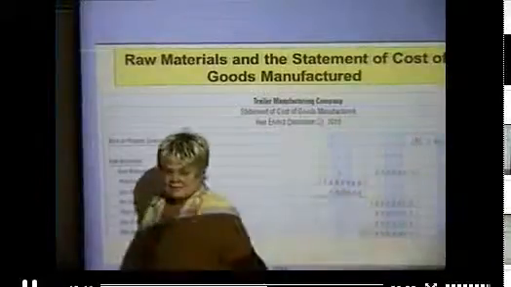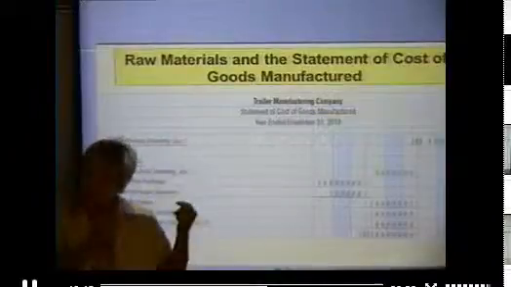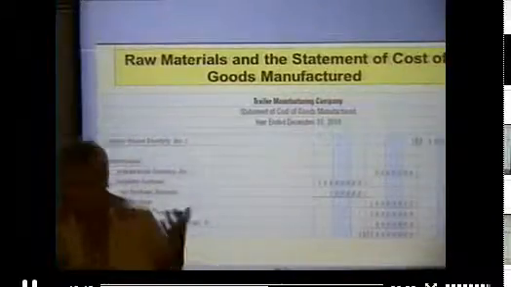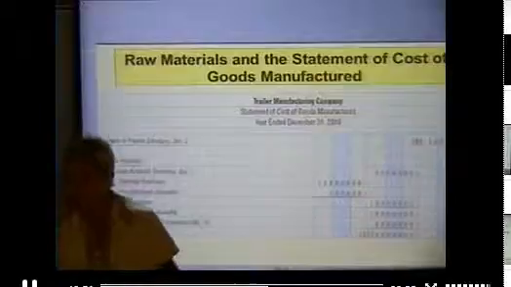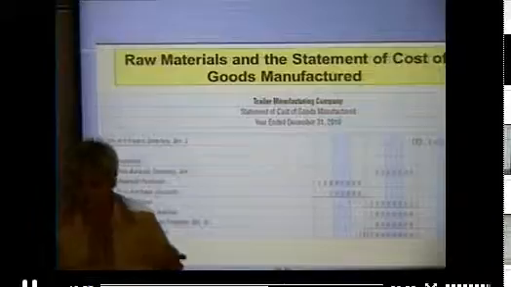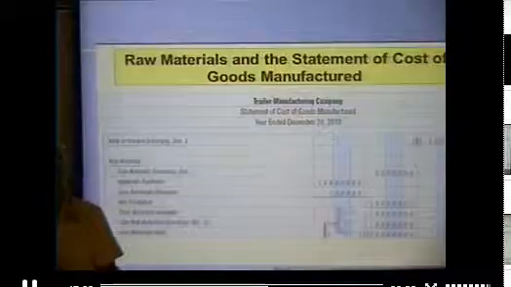Inventories are figured the same way. Purchases, returns, discounts, how much is currently available left in there, when you subtract that you see how much was used. And we compute how much materials we had.